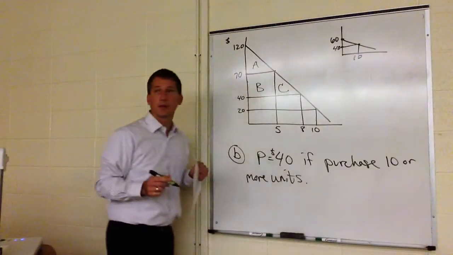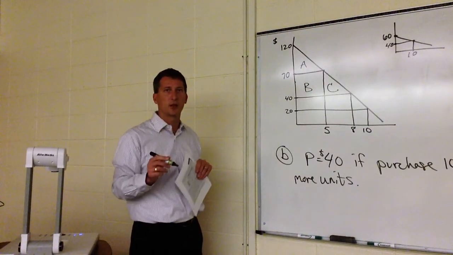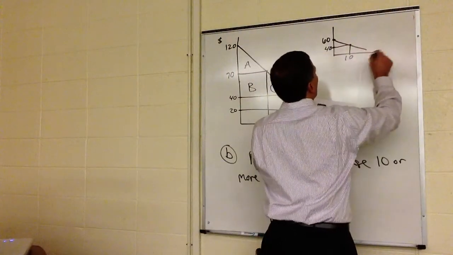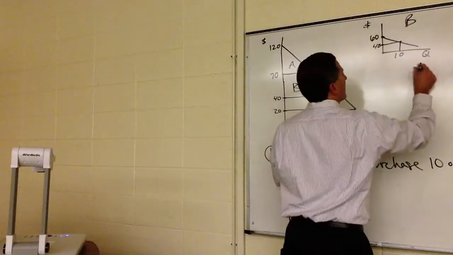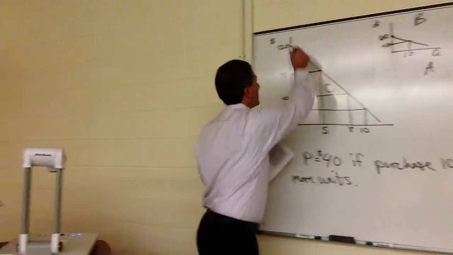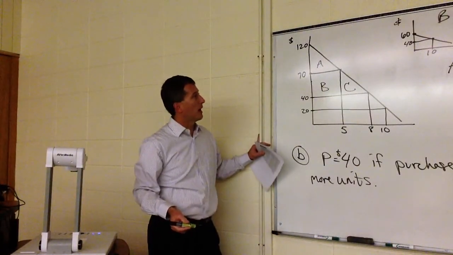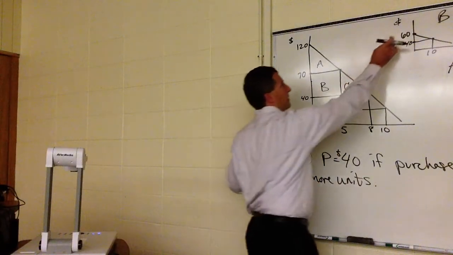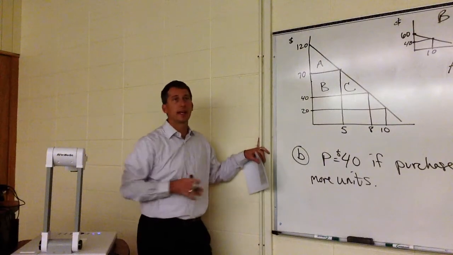Did you guys have that little graph down? That's what we did last time. We showed each graph separately. This was the type B people, and the type A people is what we have drawn. So how can I get those people in? Can we drop the price to 40, capture the 10 units without alienating the other people?